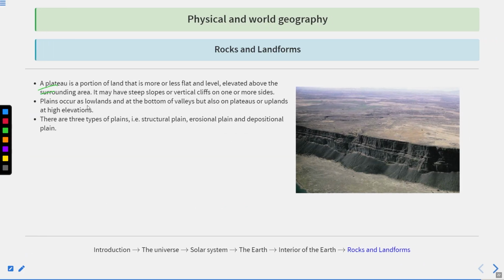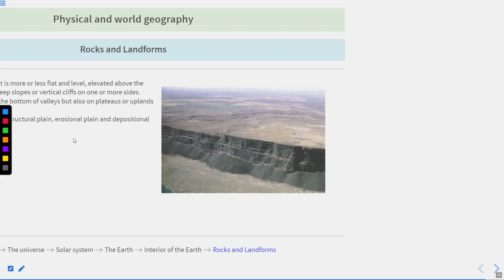Now, a plateau is a portion of land that is more or less flat and level, elevated above the surrounding area, and may have steep slopes, like you can see here. This is the plain area and this is the elevated area. And if we talk about the types of plains, there are structural plains, erosional plains, and depositional plains.